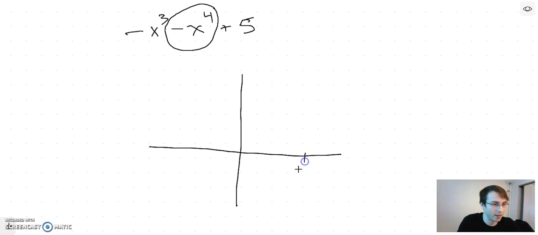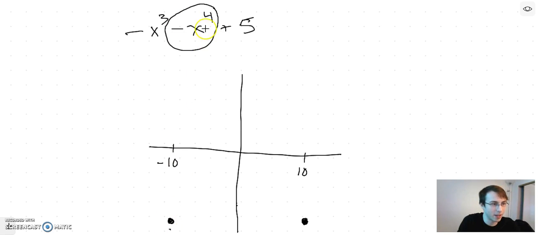You plug in 10 here, you plug in negative 10 here. Well, 10 to the fourth is a really big number, but this negative sign makes it negative, so we're down low here. And negative 10 to the fourth is also positive, but we've got this negative sign here, so we're down low again.